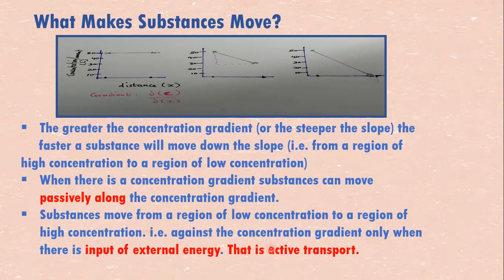So let's look at the processes that make substances move. We talked about the energy that makes substances move as kinetic energy, but it also needs concentration gradients to move substances passively along, and it also needs energy input to move substances against the concentration gradient.